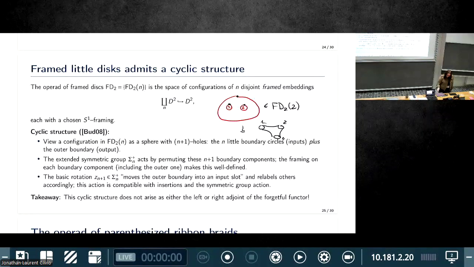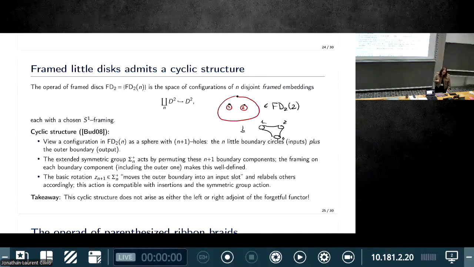The boundary disk of the one becomes a boundary component of my surface. So then I can act by just permuting these boundary components, but in order to make sure this is well defined, you actually use the framing in a specific way, right?